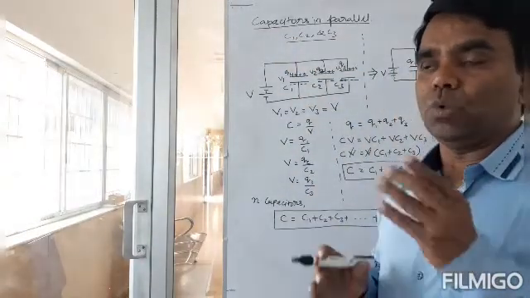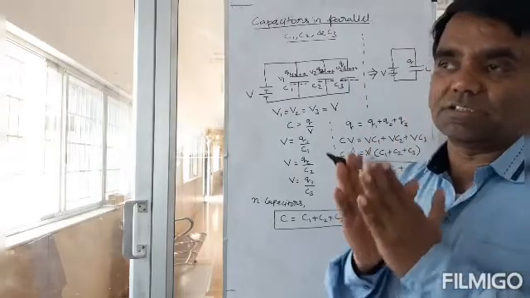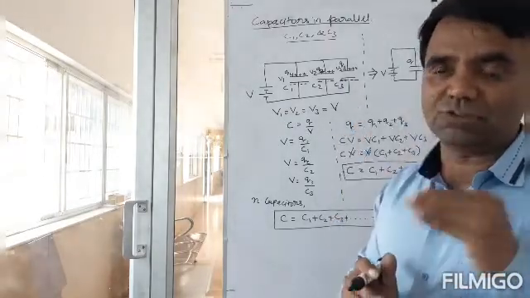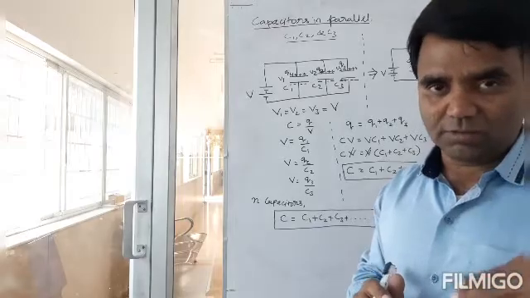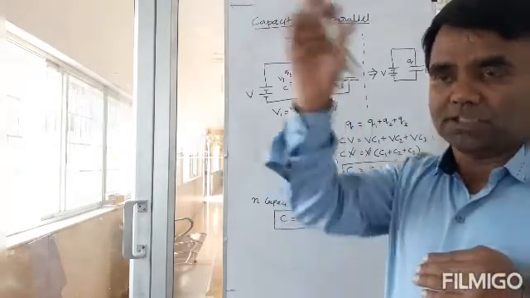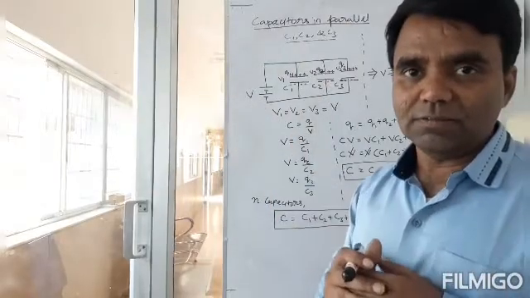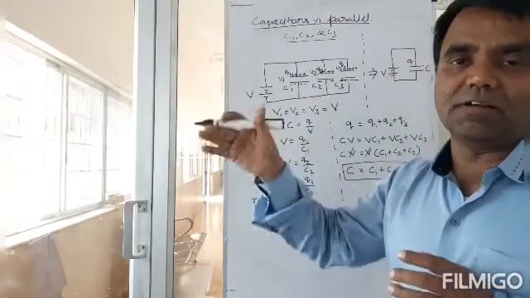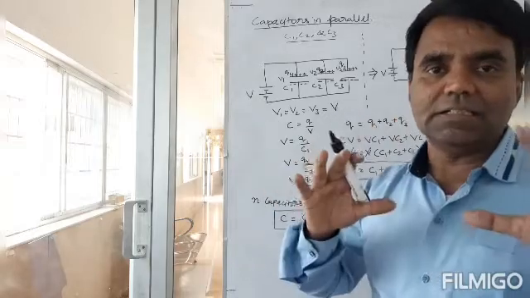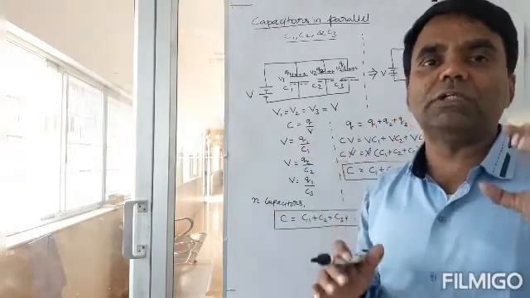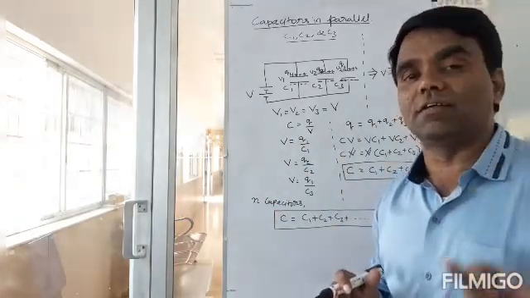Likewise, when resistors were connected in parallel, you got 1 by R equal to 1 by R1 plus 1 by R2 plus 1 by R3 and so on till 1 by Rn.